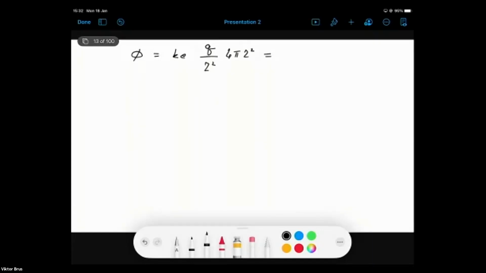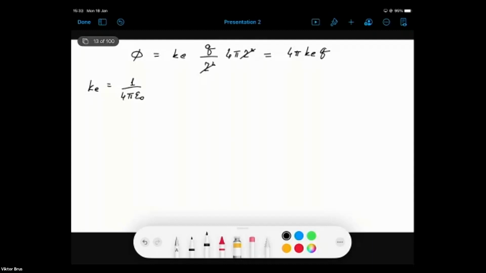R squared and r squared cancel out. Then we have 4 pi Ke Q. Now we take into account that the Coulomb constant is equal to 1 divided by 4 pi epsilon 0.